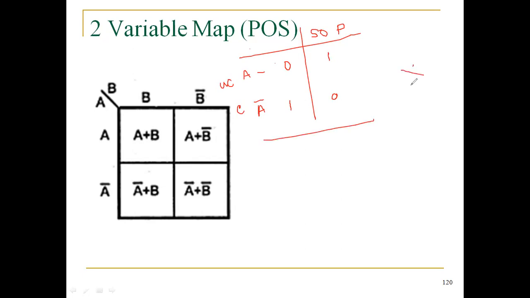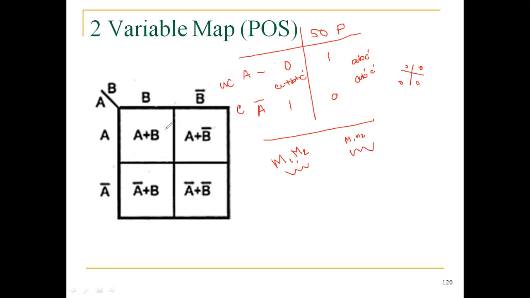Please note this very important thing. Not only is the representation different, small m1, small m2 and here capital M1, capital M2, but this and all other differences are very important. Since this is in SOP A, B, C bar, A, B bar, C bar, here the same thing is represented as A plus B plus C bar.